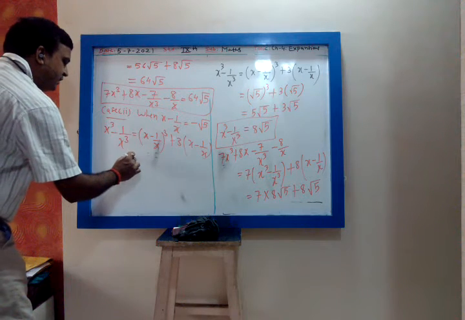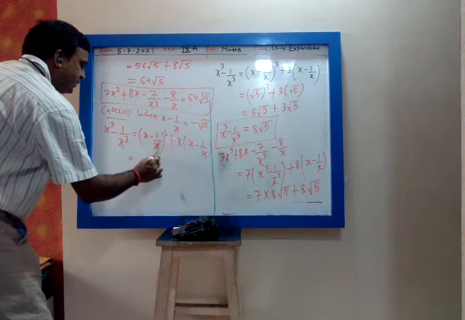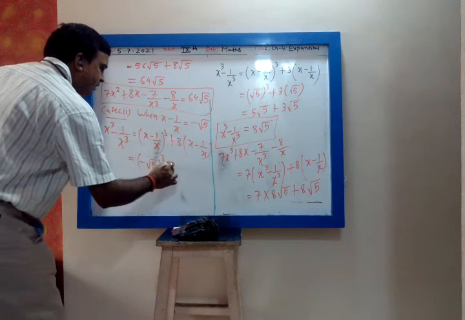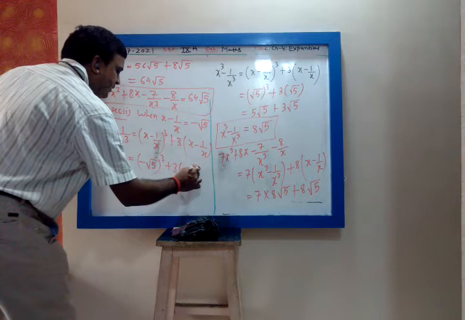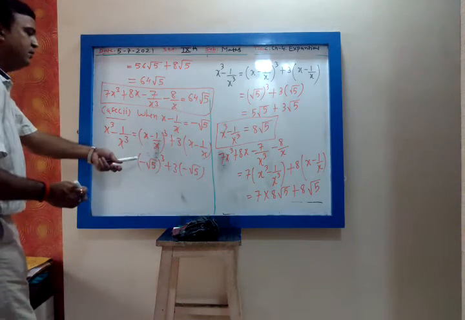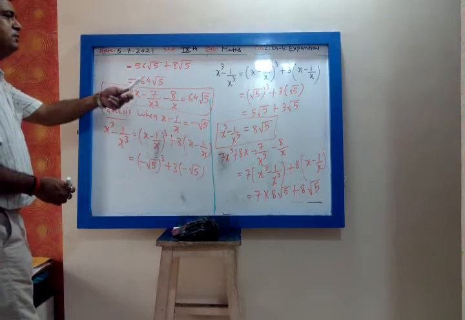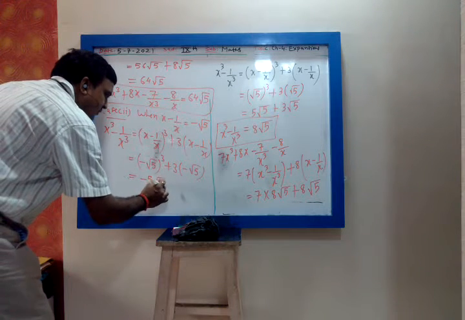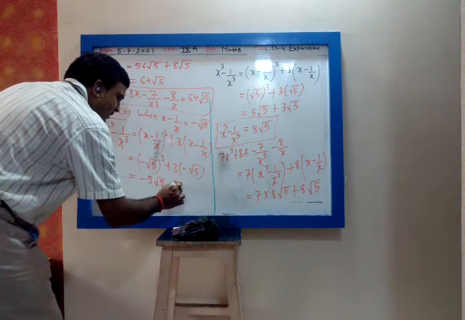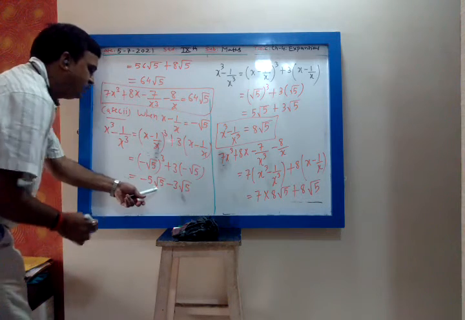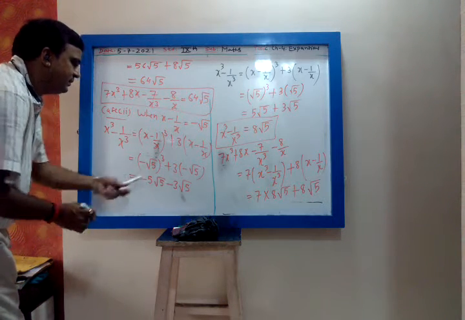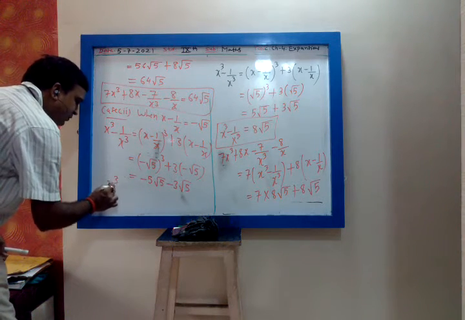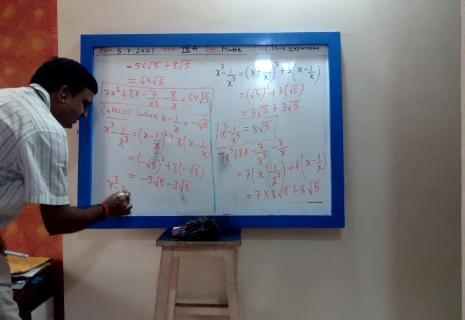So that is minus root 5 cube plus 3 into minus root 5. Minus root 5 cube will be minus root 5 into minus root 5 into minus root 5, which is minus 5 root 5. Minus 5 root 5 plus 3 into minus root 5, minus 3 root 5. Root 5 you can take common. Minus 5 minus 3 is minus 8. So x cube minus 1 upon x cube is minus 8 root 5.